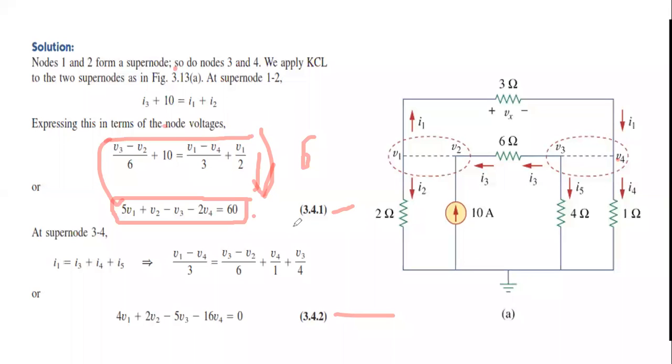But still we have 4 variables and only 2 equations we have got. So still there is a problem. So what to do? We have to apply KCL or KVL now.